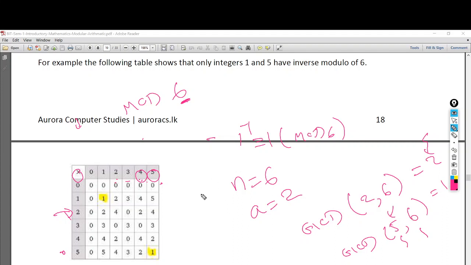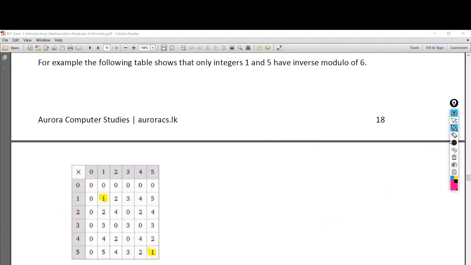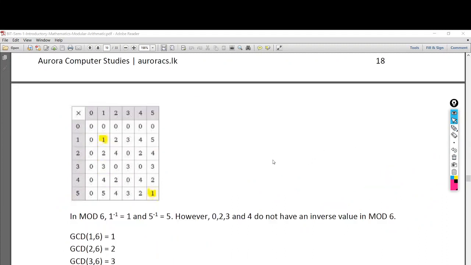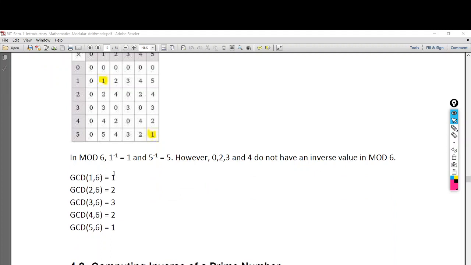If you just list down these things: 1 and 6, GCD is 1. 2 and 6, GCD is 2. 3 and 6, GCD is 3. 4 and 6, GCD is 2. 5 and 6, GCD is 1.